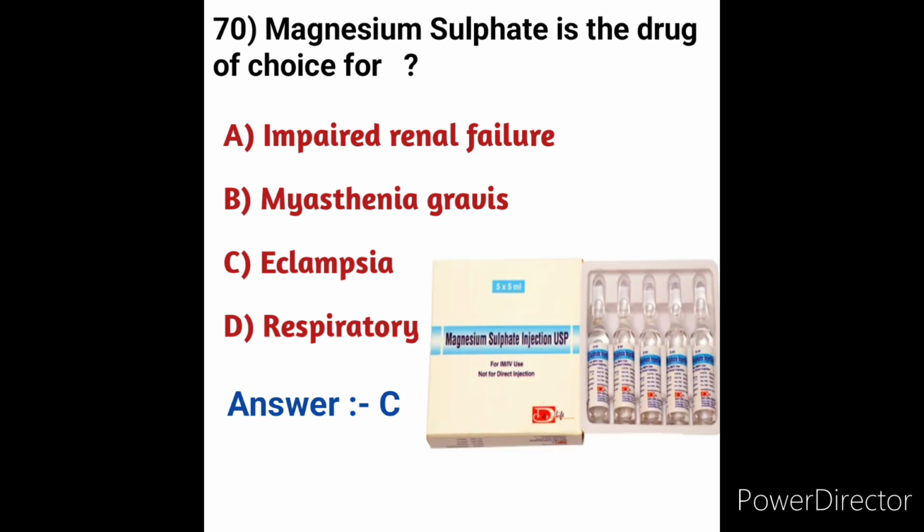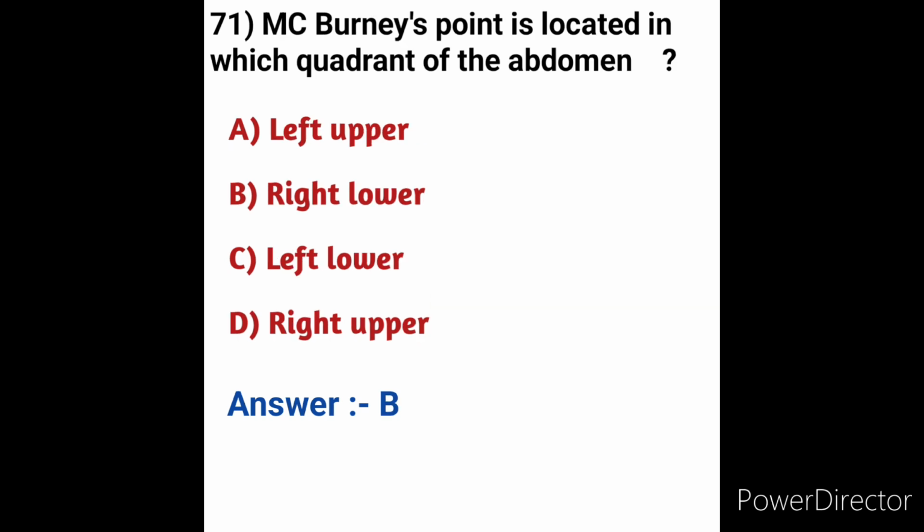Next, move on to question number 71. McBurney point is located in which quadrant of the abdomen? We will see options. Option A left upper, option B right lower, option C left lower, and option D right lower.